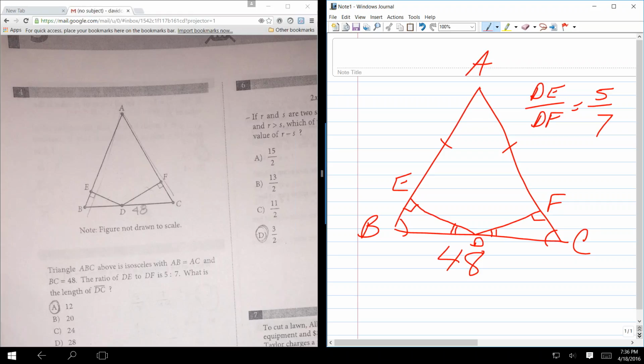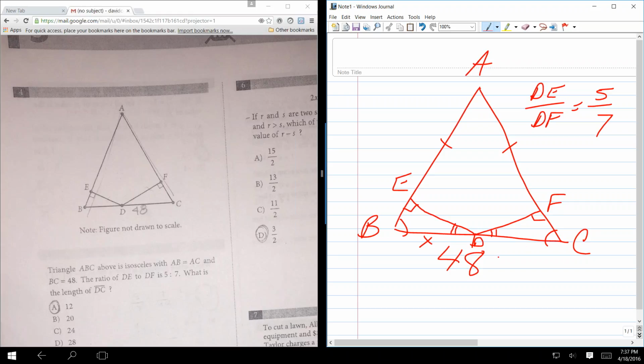So what ratio can I determine? Well, by that question, I mean, if this distance is x, if DB is x, what is DC? Would it be x2?